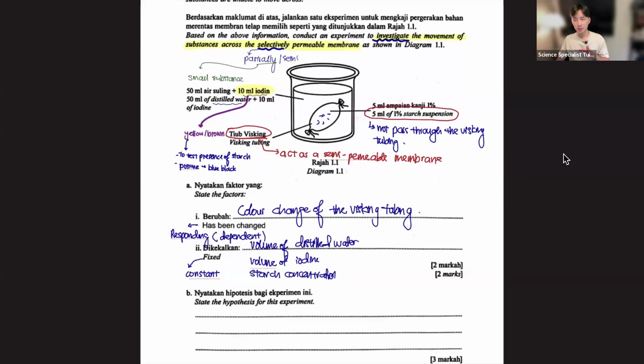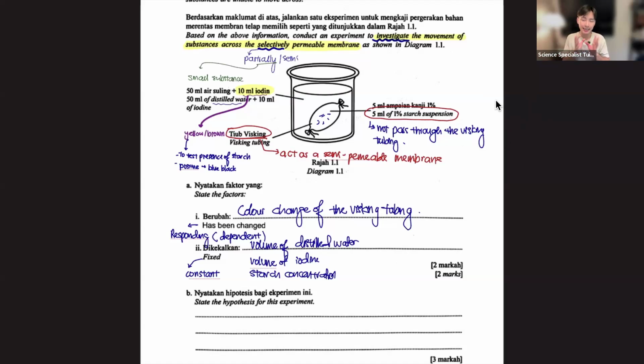Ishan, later I come back to you. Small molecules can go through the semi-permeable membrane, while large molecules cannot pass through the semi-permeable membrane. Some more? I want to see your hypothesis. One more.